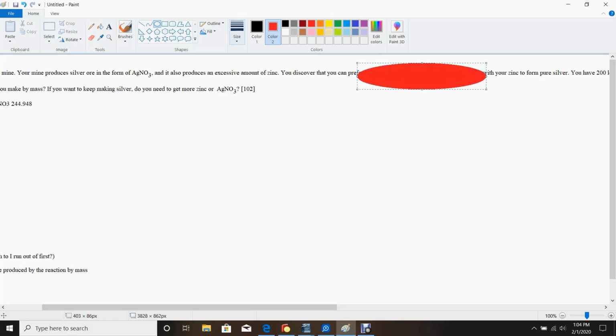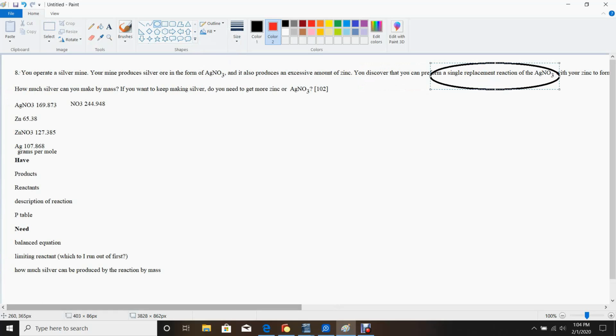You are looking for a single replacement reaction, with your AgNO3 and your zinc to form pure silver. So you have products, you have reactants, you have a description of the reaction. You know it's a single replacement reaction. I'm really giving you a lot of information.